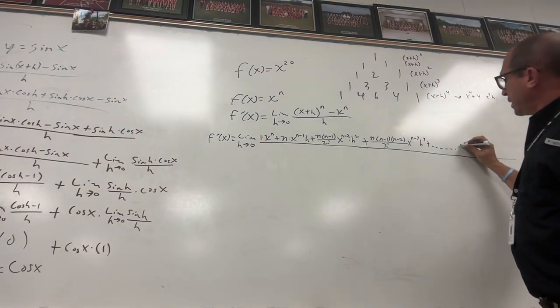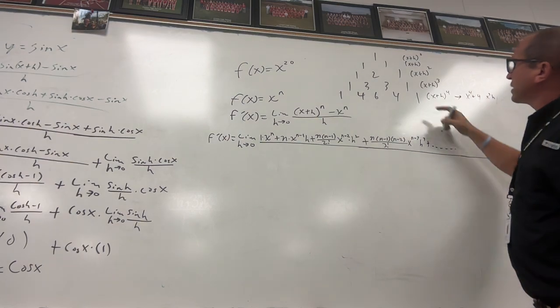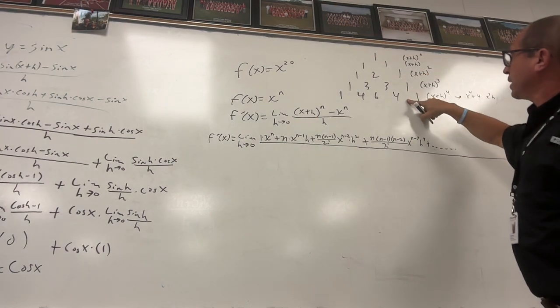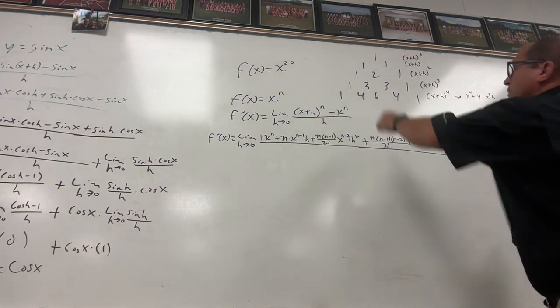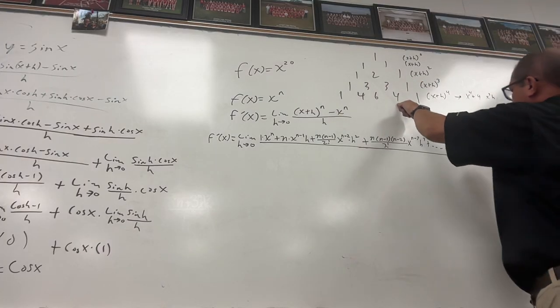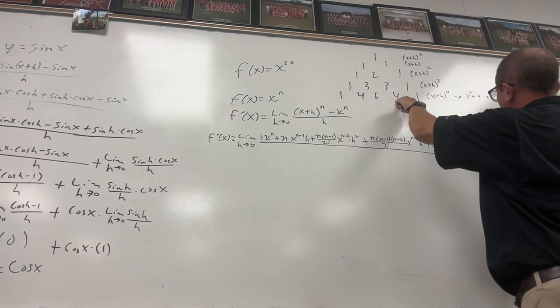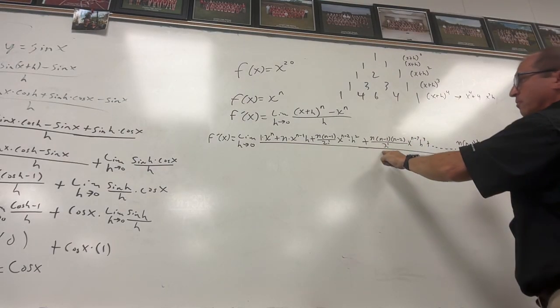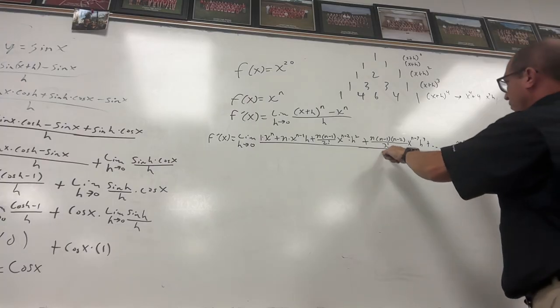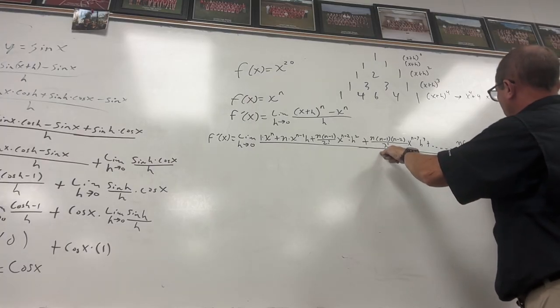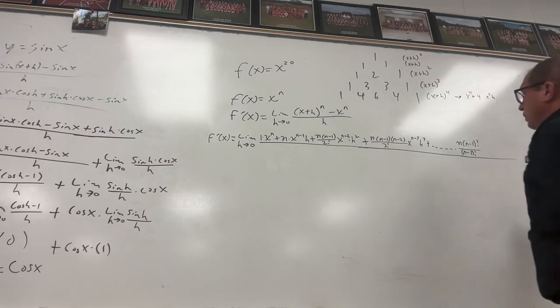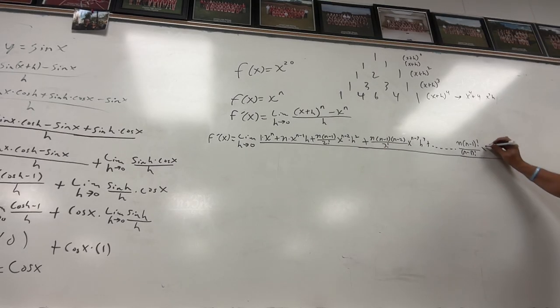So that would be the next to last term. We end up getting n back as our leading coefficient, but it's because it's n times n minus 1 factorial over, remember this number factorial is always one less than the term we're on, so it'd be n minus 1 factorial times x, it'd be to the first power at that point, and then times h to the n minus 1.